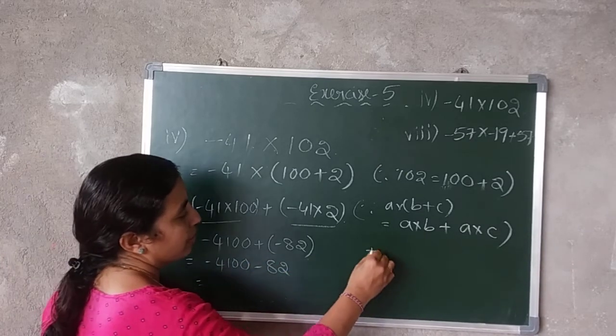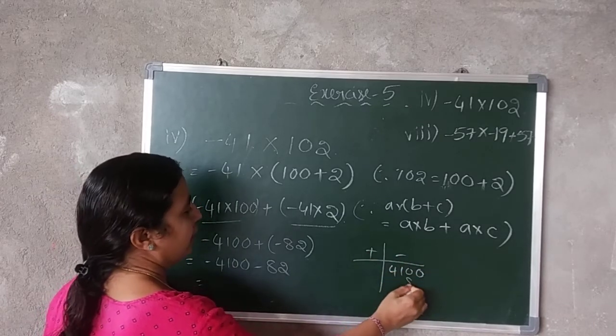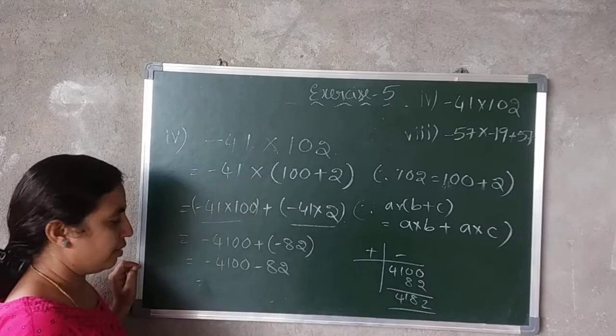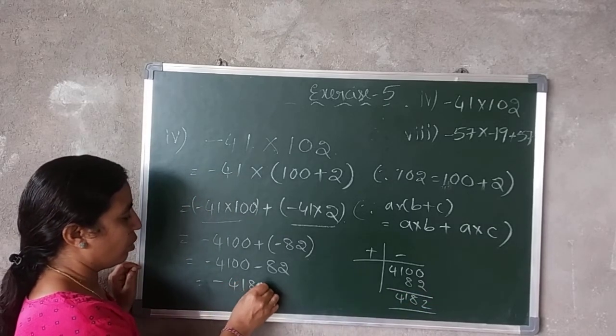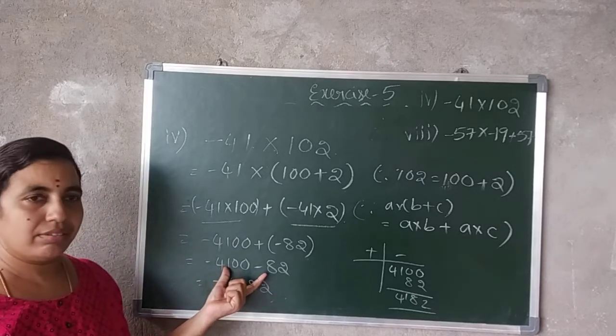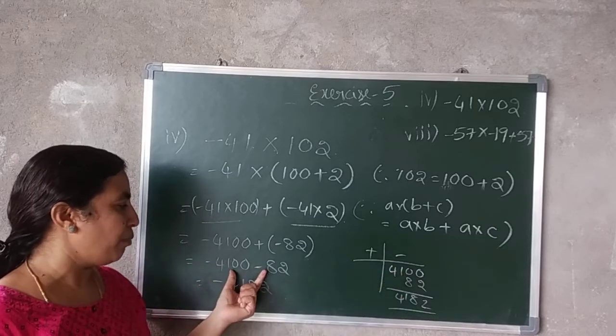Now see, 4100 and 82, both are minus only. What is the answer? Minus 4182. Both are minus, you don't have any plus. Only minus, total minus.